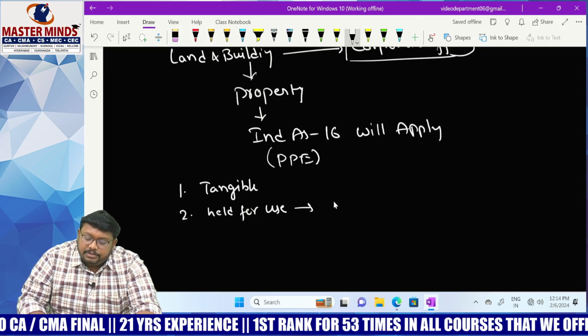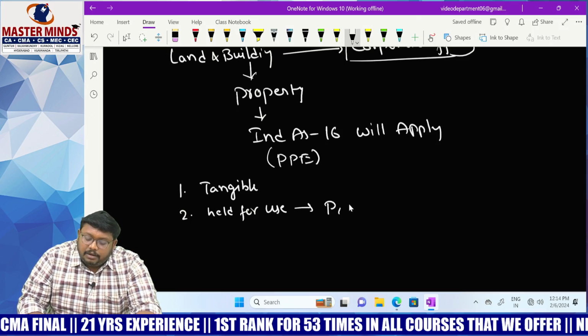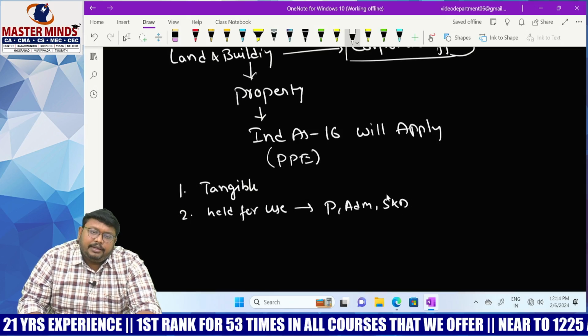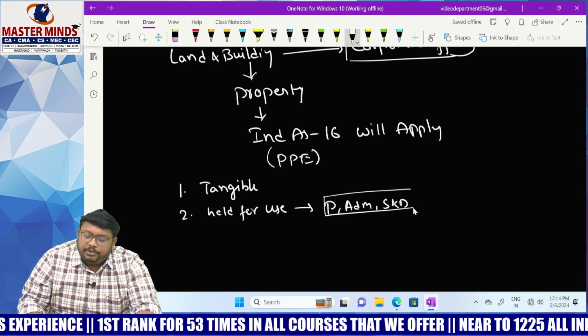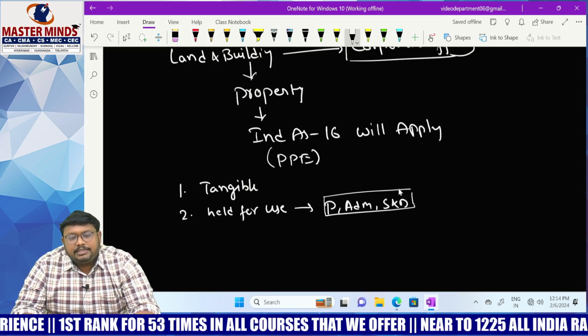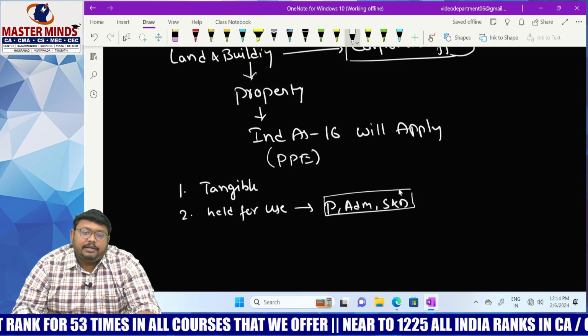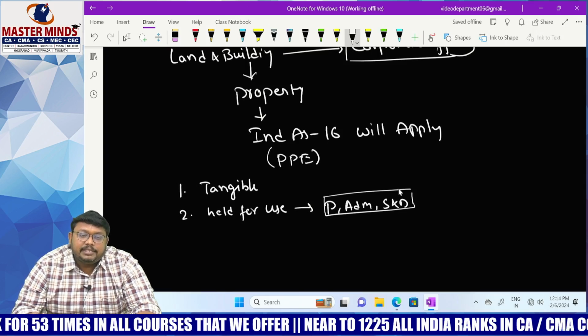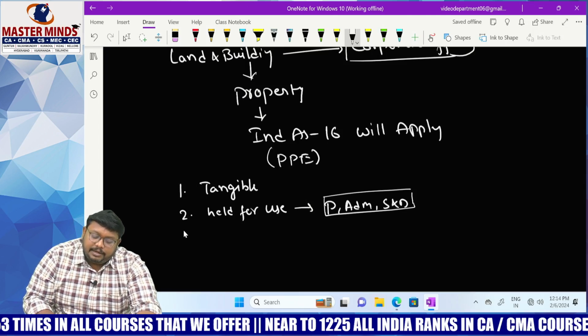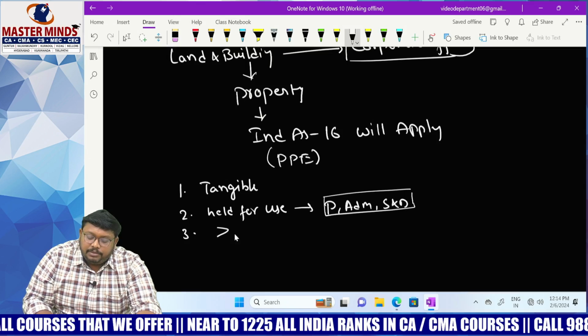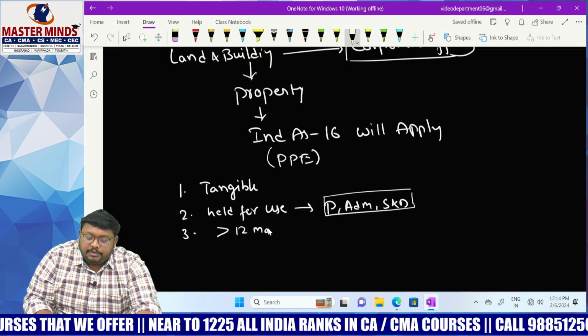It is held for use in the production process, administration, or selling and distribution, in any department. If you use the asset in the production, HR, administration, or selling and distribution department, anywhere for your business purpose, that is the second criterion. And the third one: the life expectancy is more than 12 months.